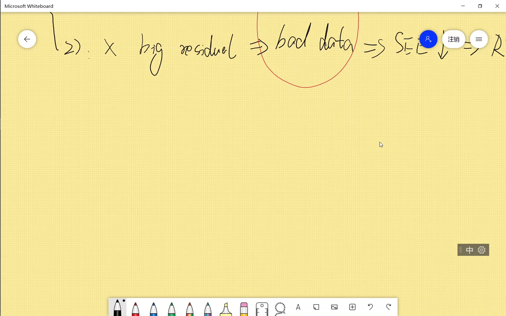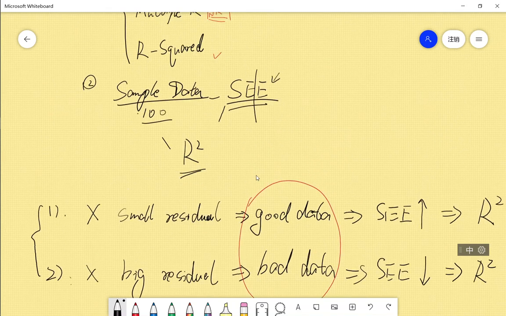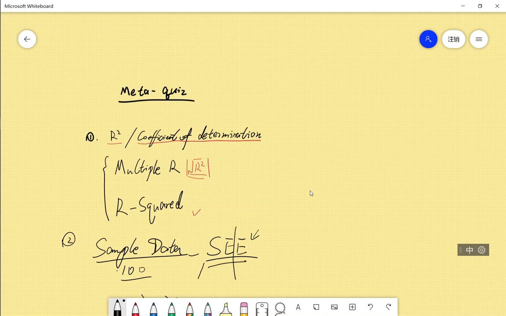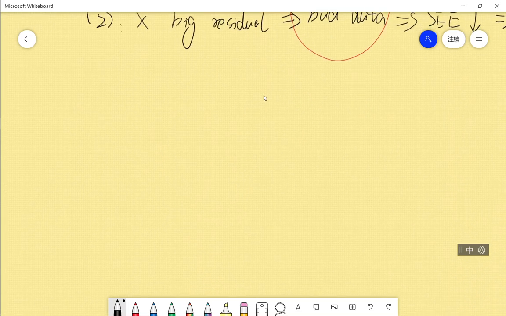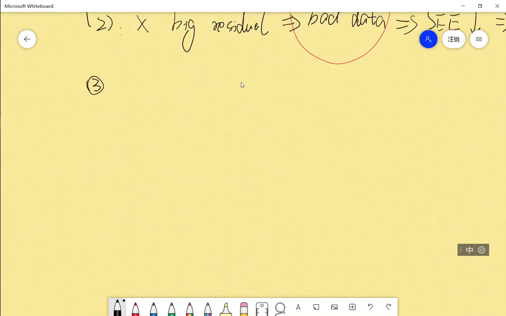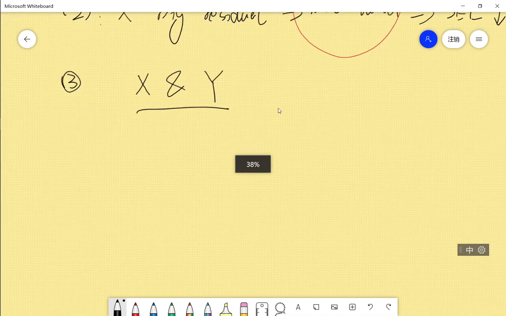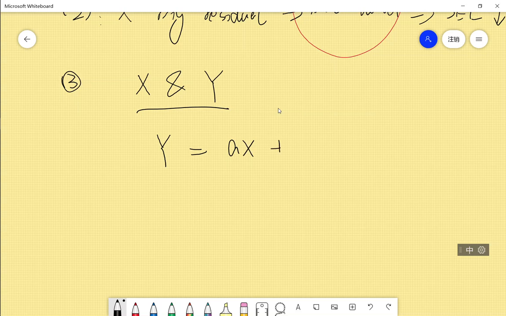All right, so let me just add a number here. So 1, 2, maybe 3. So let's talk about the relationship between the dependent variable and independent variable, x and y. Say that you are facing only a simple linear regression, which means that you have something like y equals ax plus b, or you get f(x), whatever.